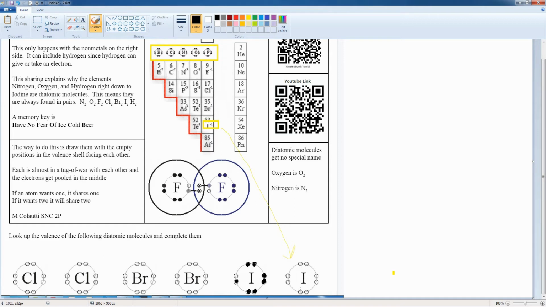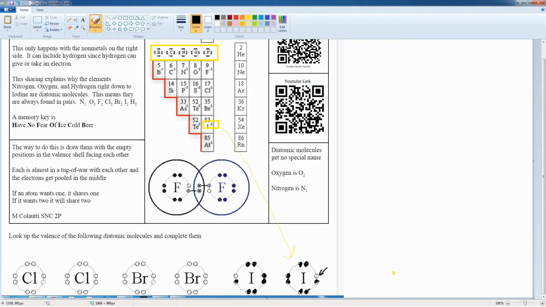I put the empty to the outside because it's easier. That's something I need to fix here. It worked for fluorine, but I really prefer the empties to the outside, and I'll show you why in a minute.